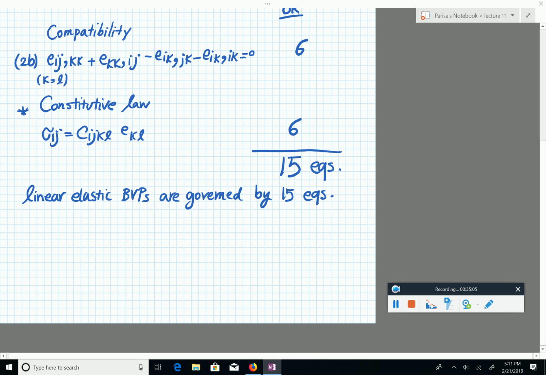Exactly. Typically, the unknowns, we use a bracket like that. We have u_i, we have sigma_ij, and we have e_ij. This would be like the unknowns.